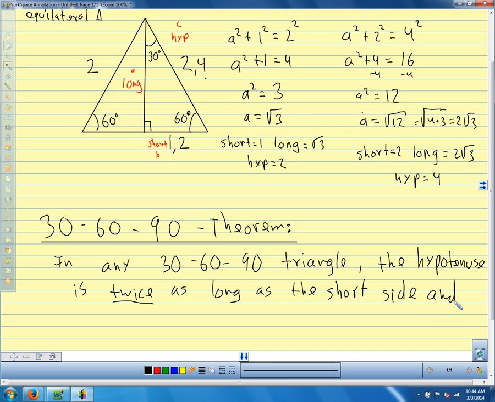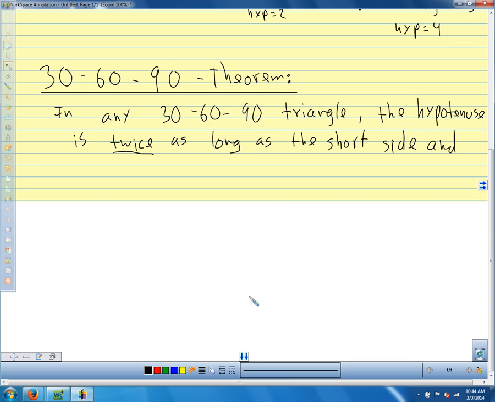And the long side is square root of 3 times as long as the short side.